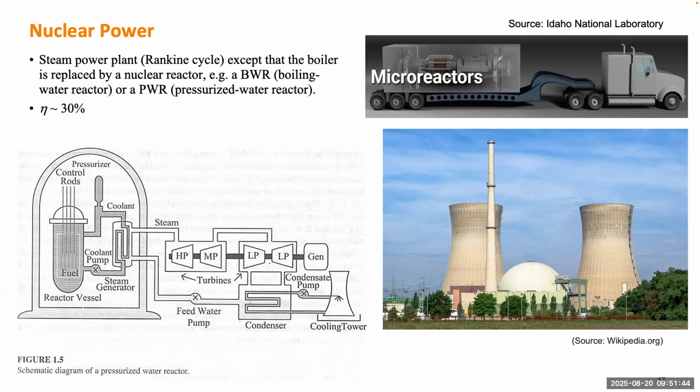One type is called a micro reactor, which can fit into a trailer, so you can easily move from one area to another area or fit into a small building. So it has less security and reliability concern. If you have more interest, you can go to the Idaho National Laboratory website. They'll have more information on that. I'm considering making this micro reactor one topic of your course project. So if you have interest.